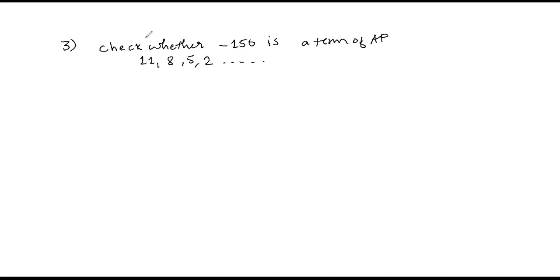How to do this type of question? Same. First term a is equal to 11. Common difference is nothing but 8 minus 11, which is minus 3.